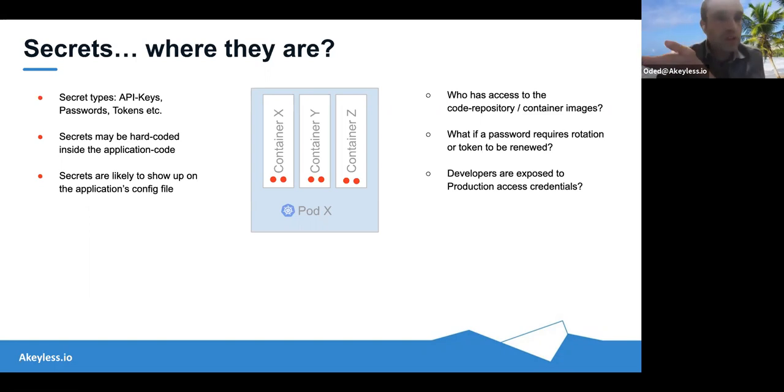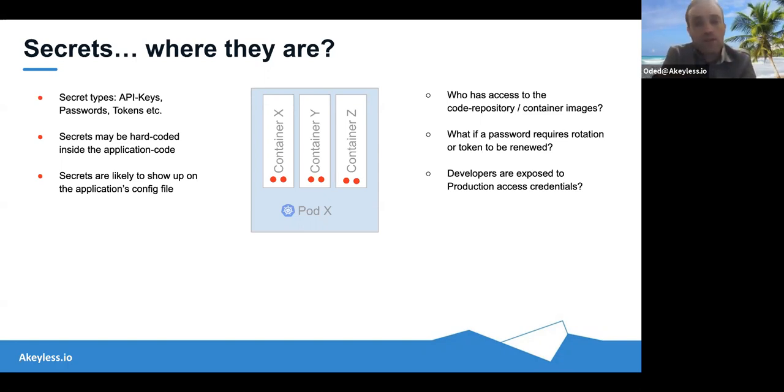So where do you put that secret? Is it hard-coded? Is it within a configuration file? The question that you always have with a container is: should I put those secrets within the container itself? That means within the image file of the container, you'll have a username, password, and a connection string to a certain database.